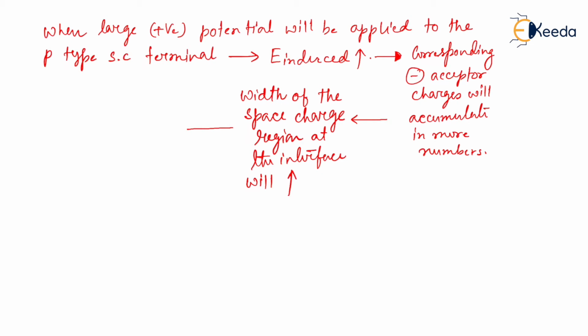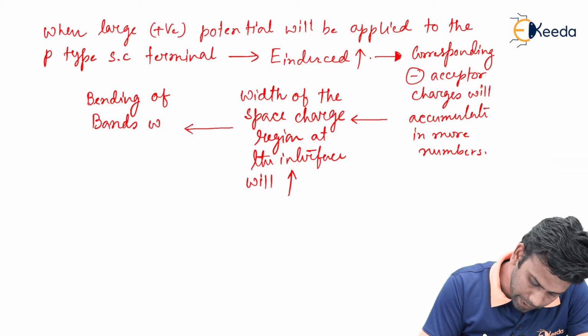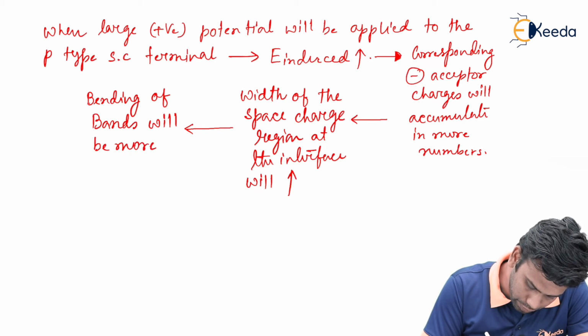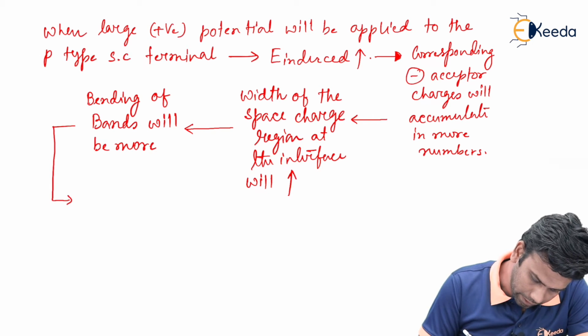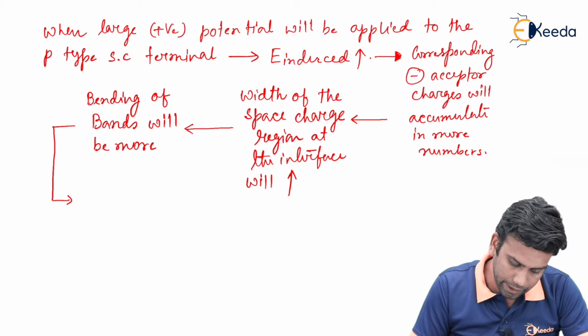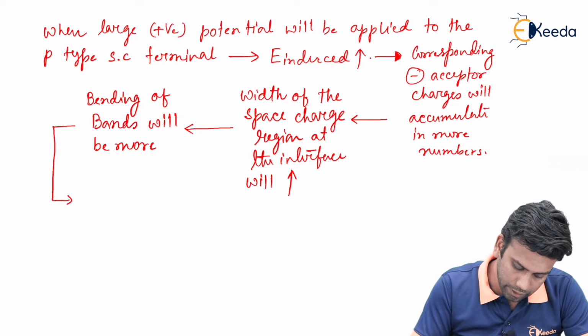and band bending, or the bending of the bands, will be more, and then the conduction band will be more closer.